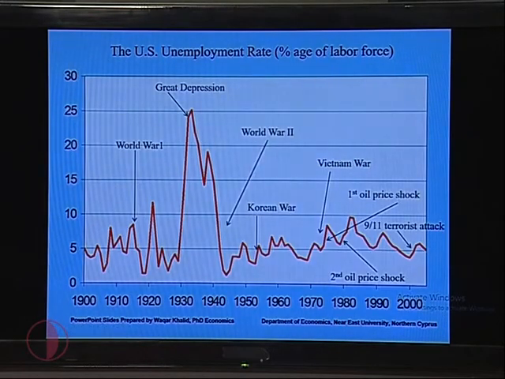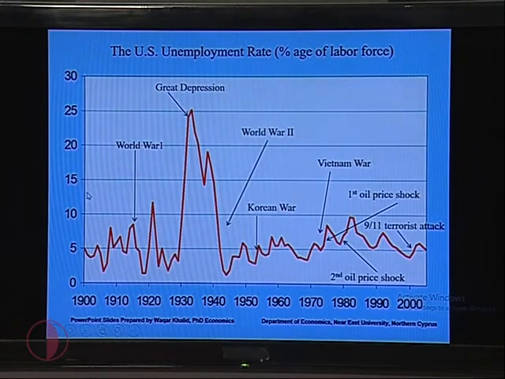Now, look at the US unemployment rate. This is another figure of the US economy. The US unemployment rate is in percentage of the labor force. 0 means 0%, 5 means 5%, 10 means 10%, and so on up to 30%.